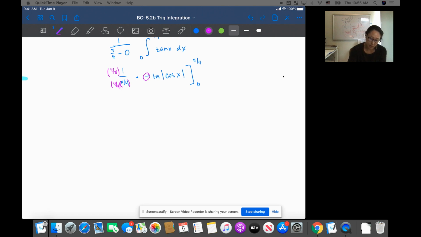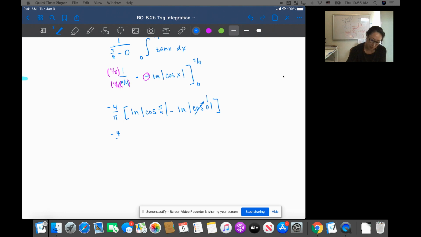So I get negative 4 over pi times, and I'm going to plug in my bounds now. So the ln of the absolute value of cosine of pi over 4 minus the ln of the absolute value of the cosine of 0. Cosine 0 is 1.